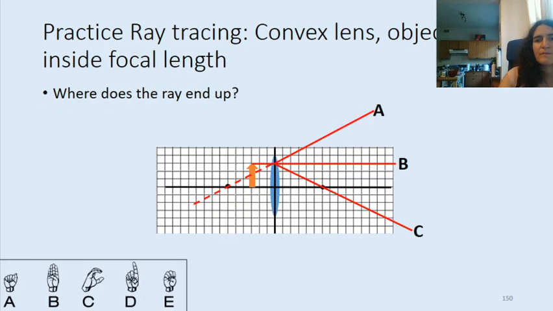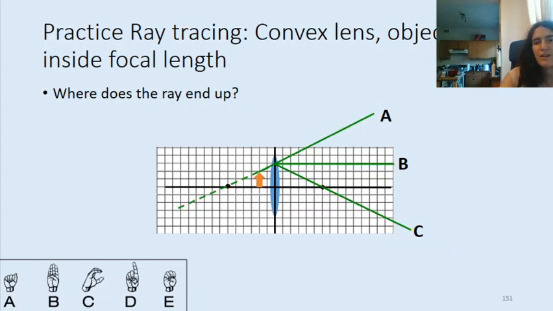Okay, let's continue. So where does this light beam end up? Okay, so hopefully you said C, right? So light beams that come in parallel, this is hard. So light beams that come in parallel have to go through the center, this focal point.